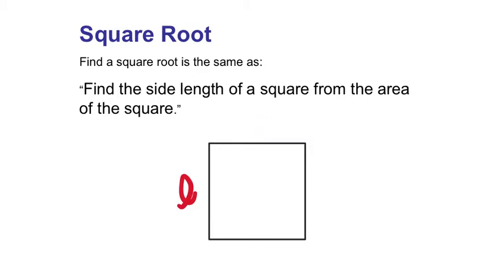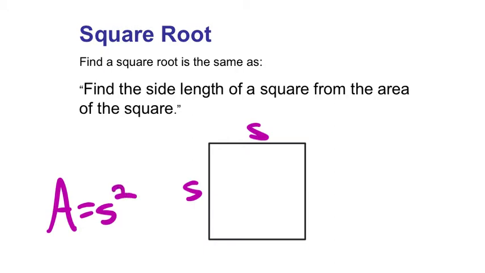But the unique thing about squares is that the side lengths are the same. So you say area equals side length times side length, and I'm just going to put squared. So the area of a square is just the side length to the power of 2.